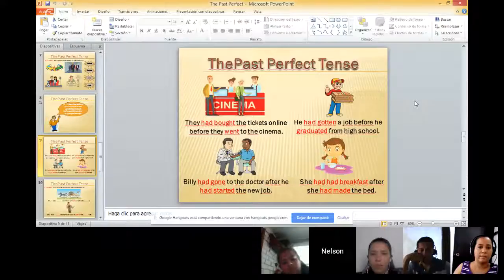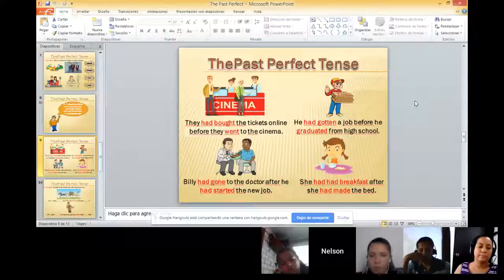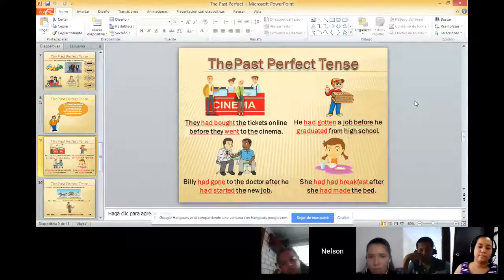How do you understand this sentence in Spanish? Ellos habían comprado los tiquetes en línea antes de ir al cine. Okay, antes de ir. When we say antes de ir in Spanish, we are using the verb form in indicative. And you see that we are using the past simple in English. So it's another reason why I was telling you that it's kind of tricky, this past perfect tense.